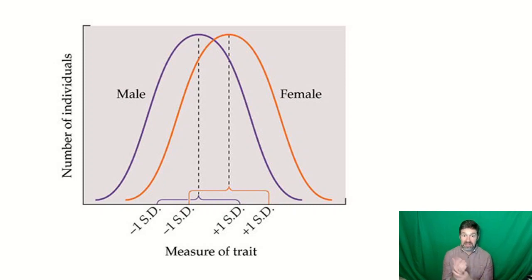It means that those females could be just as big as 90% of the males, right? So especially as we get into next week, when we talk about the average female brain and the male brain, they're talking about averages.